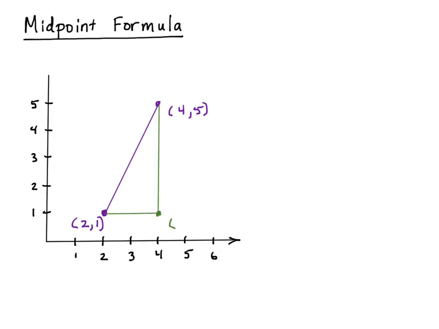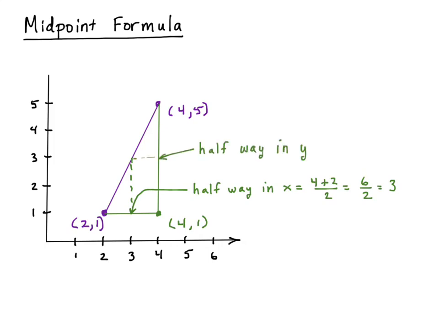So the way you can calculate the midpoint is just by taking the halfway distance between the x values and the halfway in the y, and so that's just the average. You add the two values and you divide them by 2. So in this particular case, I got x equals 2, y equals 1.